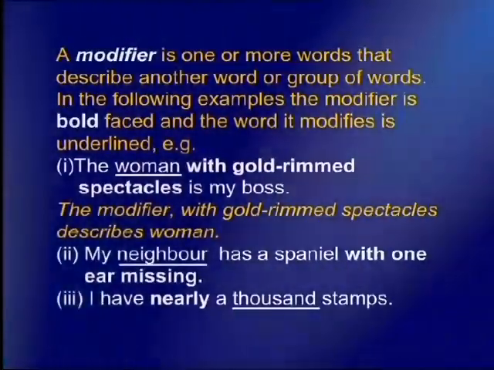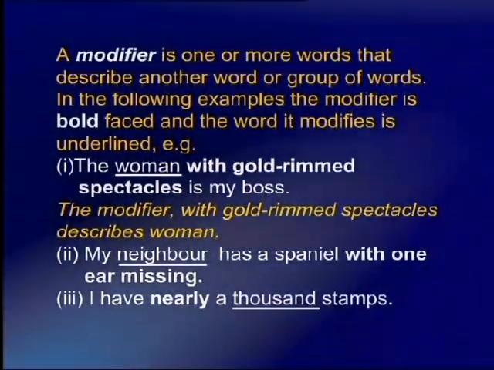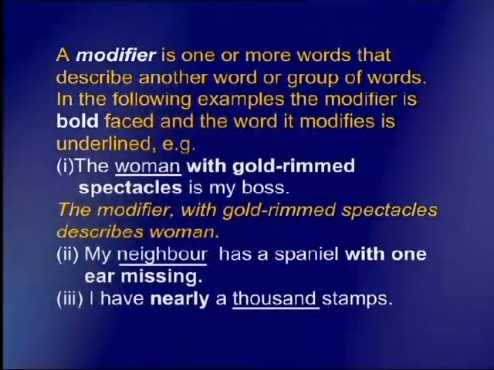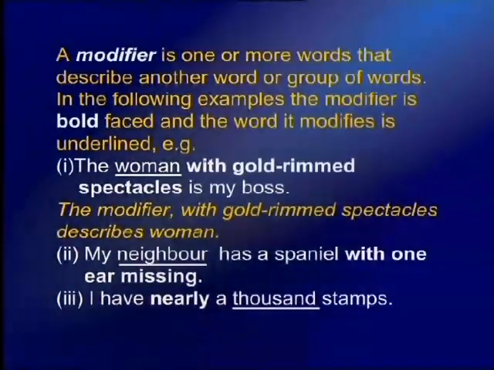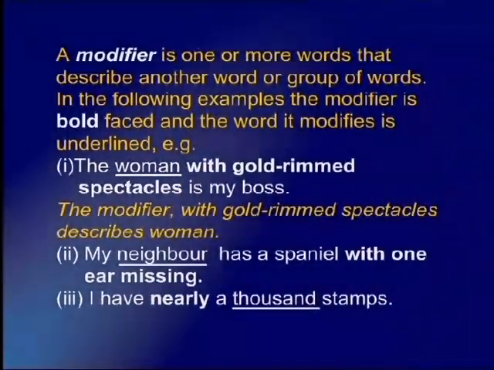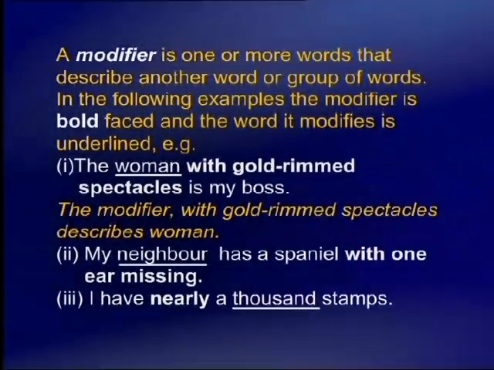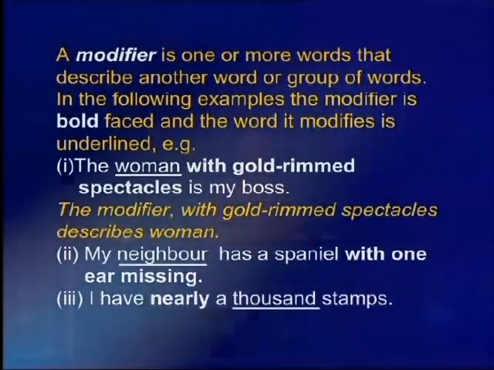And it is the word spaniel. The spaniel has one ear missing, right? Number 3, I have nearly 1,000 stamps. I have nearly 1,000 stamps. And the word nearly is modified by the phrase 1,000.